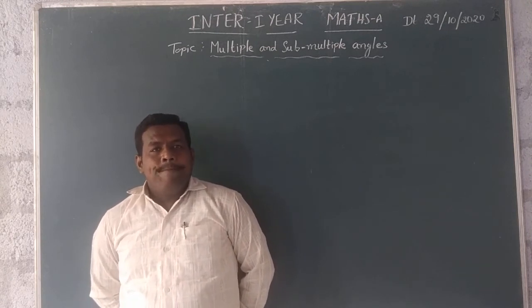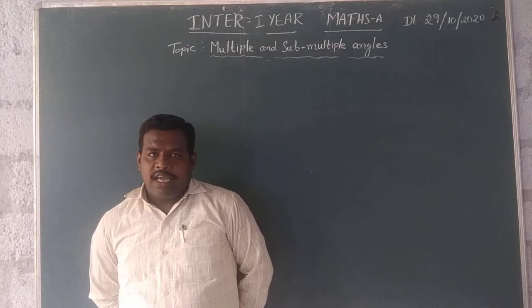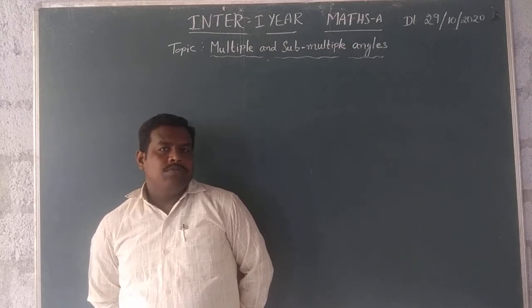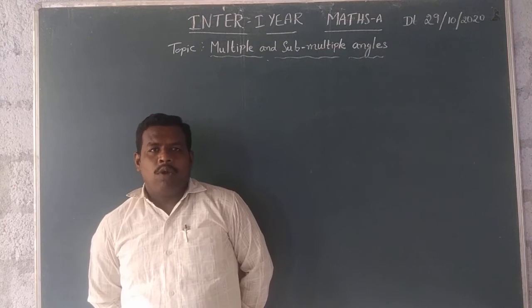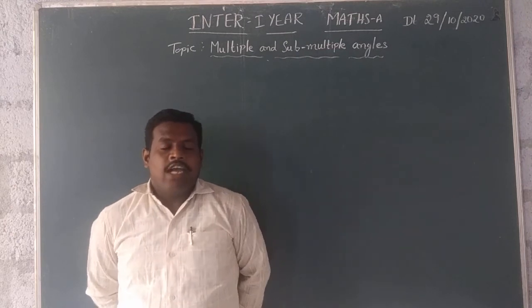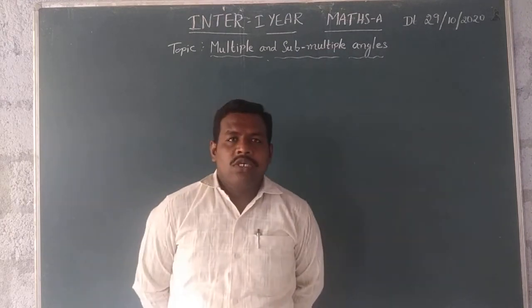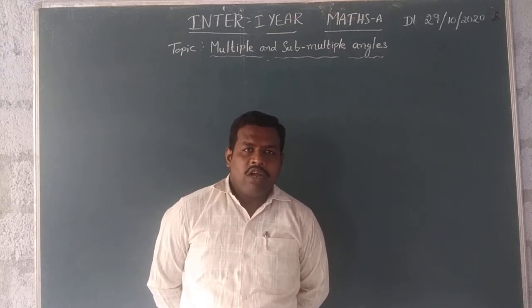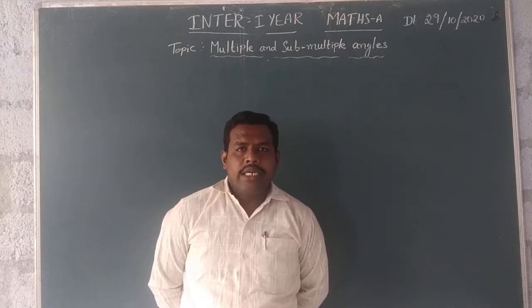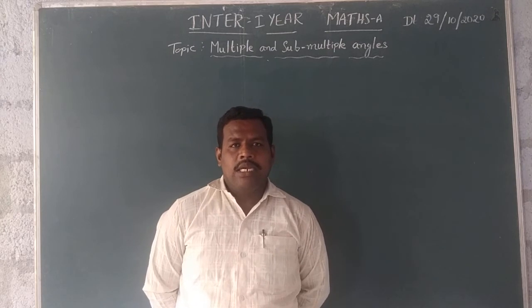Submultiple angles: A to A by 2, 2A to A. And some problems and degree values: 22.5 degrees, 67.5 degrees, 18 degrees, 36 degrees values.